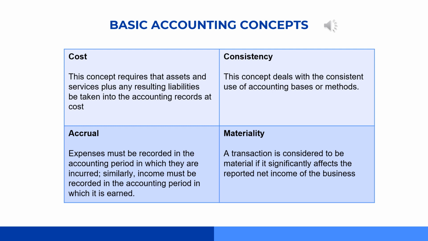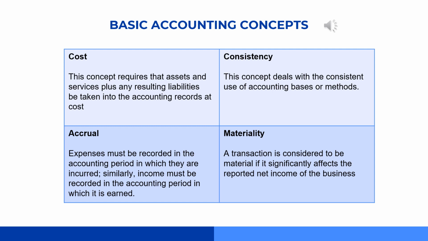The next concept is consistency. That is the concept that deals with the consistent use of accounting basis or method. For example, in depreciation, if you are using the straight line method instead of the reducing balance method, it should be consistent throughout the year.